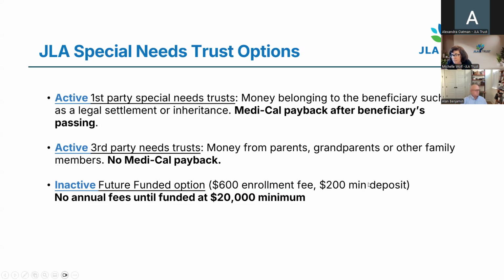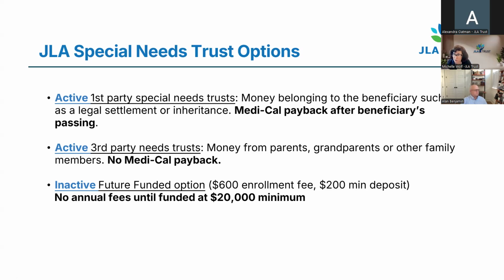There's a $600 enrollment fee and a $200 deposit that's going to go into our money market pooled account at Charles Schwab. The reason we ask for that deposit is to make sure in case there's any legal challenges down the road, some cousin, some stepkid, this is LA, there's all kinds of things.